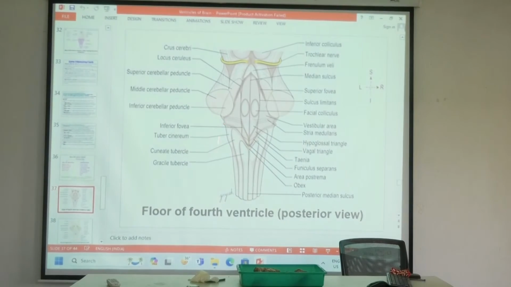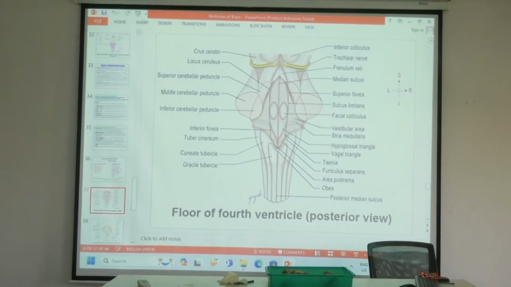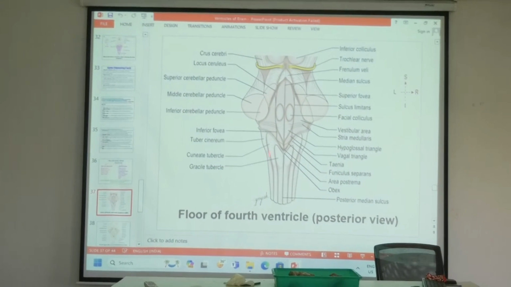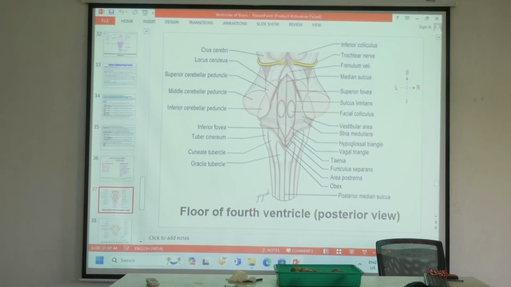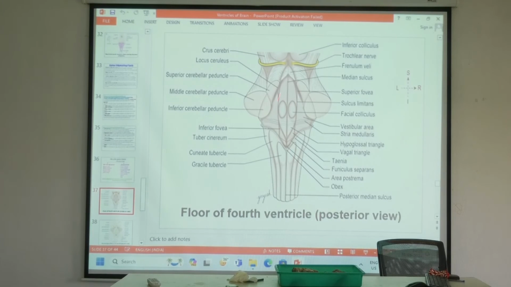So in the midline, you can see there is the median sulcus. Parallel to the median sulcus, on the two sides there are two longitudinal sulci. These are known as the sulcus limitans. And the area between the median sulcus and sulcus limitans is the medial eminence.